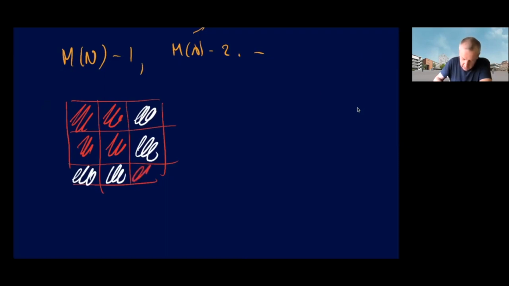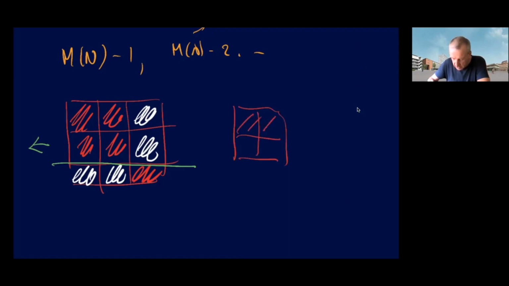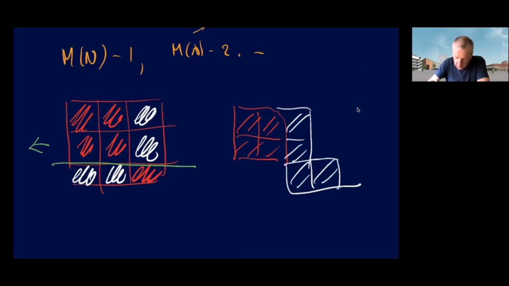When I place reds and whites randomly, it could also be that I have gotten this configuration. Do you agree with me that in this case, things will be simpler? Yes, right? Because then I will simply take the interface here, push to the left. Then I will have a complete cube of 4 reds outside, together with two whites, and then two more whites and one red here, right?